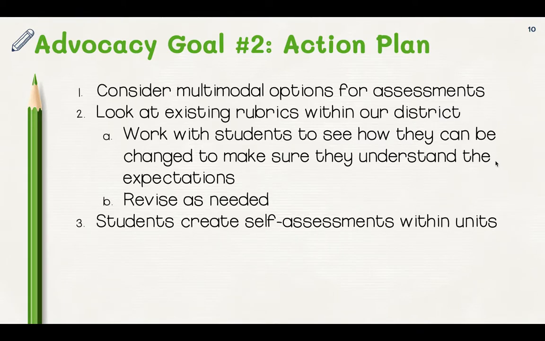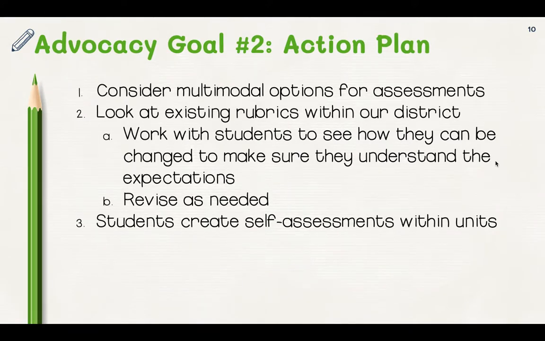And I also am going to keep looking at existing rubrics within our district and work with students to see how they can be changed to make sure that they understand the expectations and that they understand the language on the rubrics, and we can revise as we need to. And then students can create self-assessments within certain units.